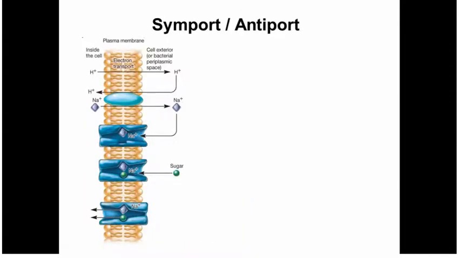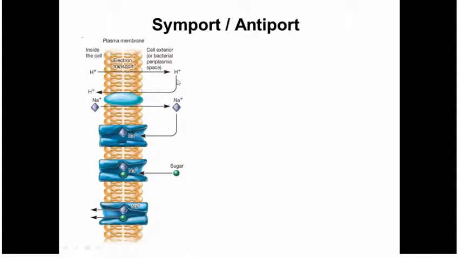Now the other way to import molecules across a membrane is by Symport Antiport system. So here we've got the inside of the cell and the periplasm, and part of the energy metabolism of pretty much all bacteria is to maintain a proton gradient across this membrane, and potentially a sodium gradient.